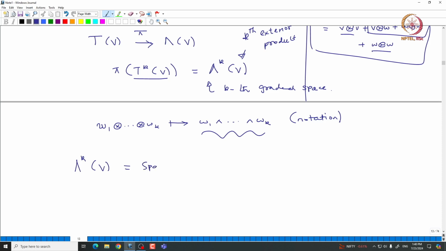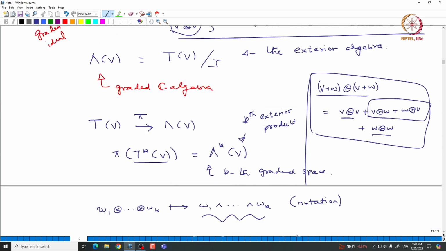So, it is not that difficult to verify. You take all possible V I 1 wedge etcetera wedge V I k, where I 1 through I k should not repeat; all of them should be distinct.